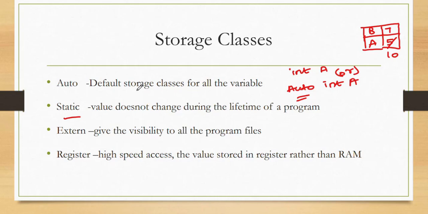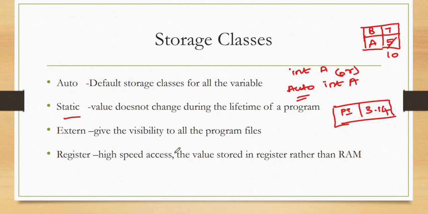That is called static. You can remember it like a mother, who never changes, whatever the child is. So static means the value does not change during the lifetime of a program.